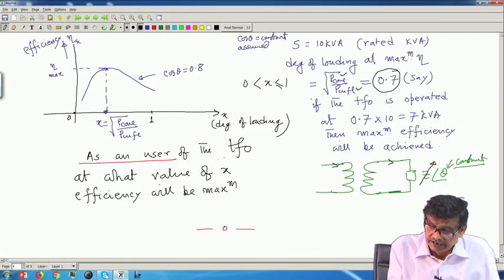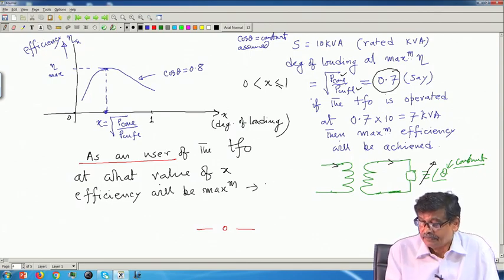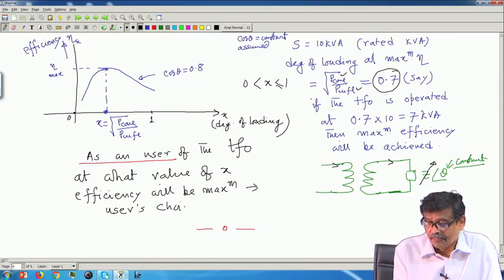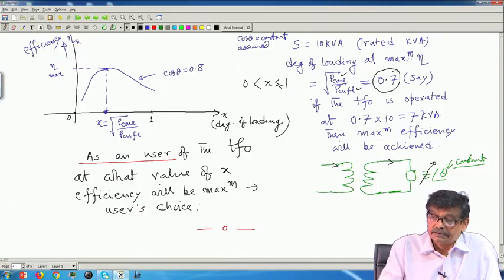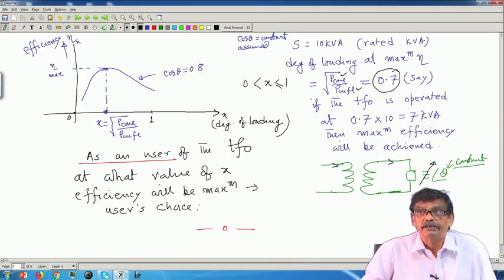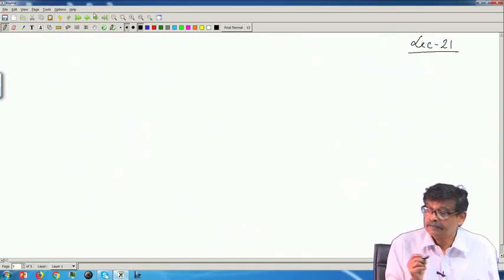What is my choice? The user's choice should be what? It depends, I told you, on how this transformer is utilized. Now, the things will be clearer from this.